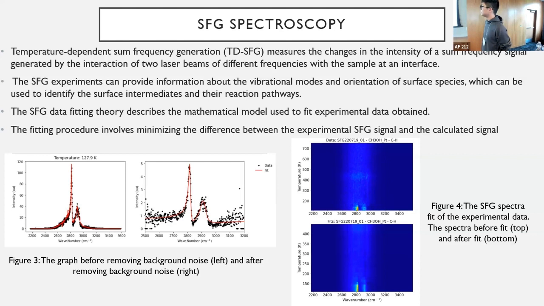As you can see on this graph, the fitting was doing a good job, but some of the data was far out of the fitting, and we have a lot of noise within the data. When we remove the background noise, we have a better fit of the overall trend of the graph.